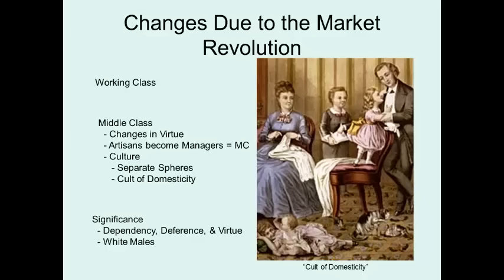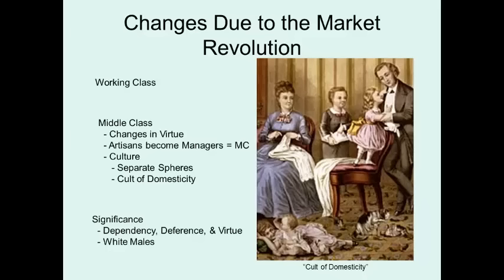Conversely, we will have the private sphere. The private sphere is characterized as feminine. This is the world of the home. And it's where women become the guardians of the home and become guardians of the family. And we'll begin to see a concept called the cult of domesticity forming.